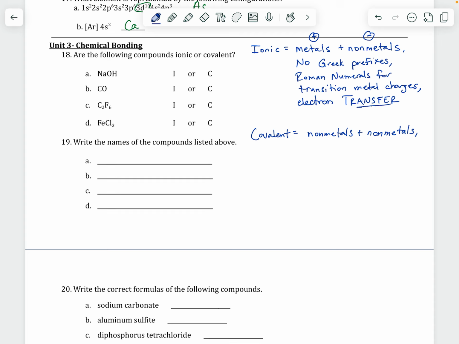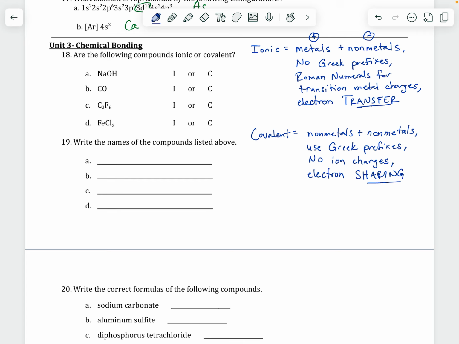So in this case, we use Greek prefixes. We would say that there are no ion charges, so there's no need to worry about positive versus negative or cations and anions. And then, of course, I'm going to put electron sharing, because that's really the major difference between our ionics and covalents.